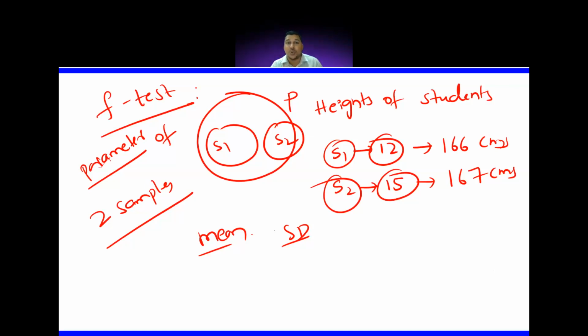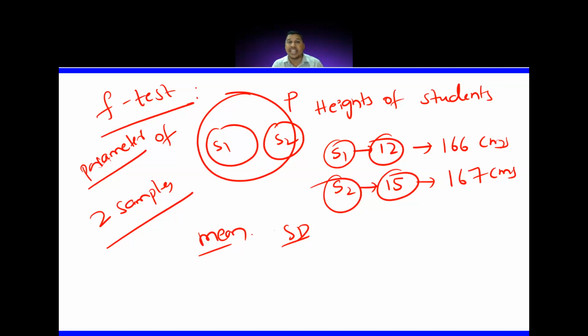So F test is used to test the equality of the parameters of both the samples, which can be of different size or same size, because we are picking samples randomly, right? So there can be different elements or sometimes at least some similar elements.